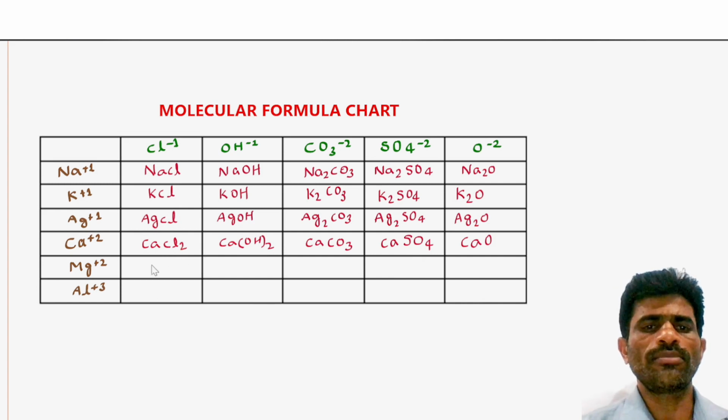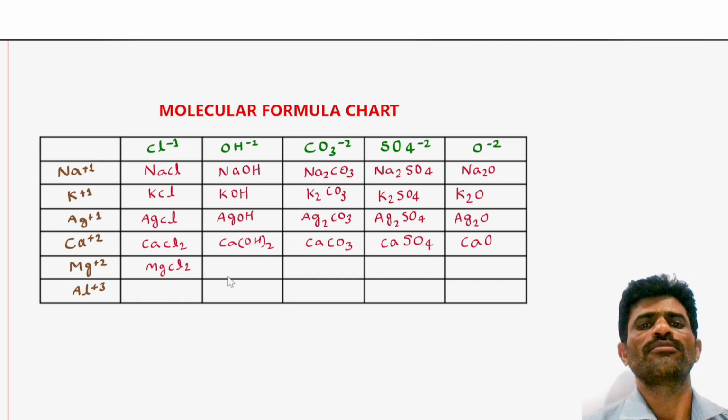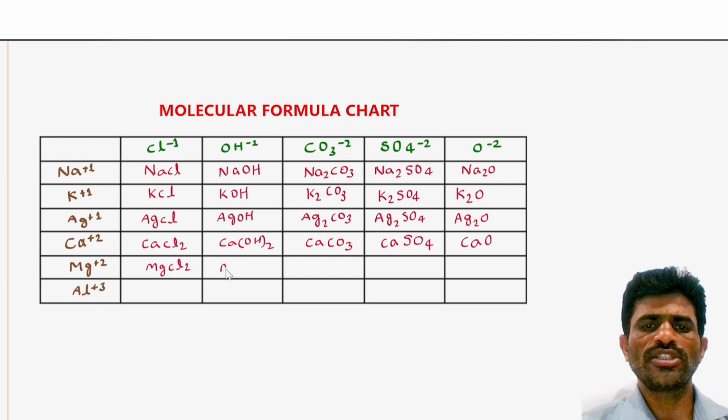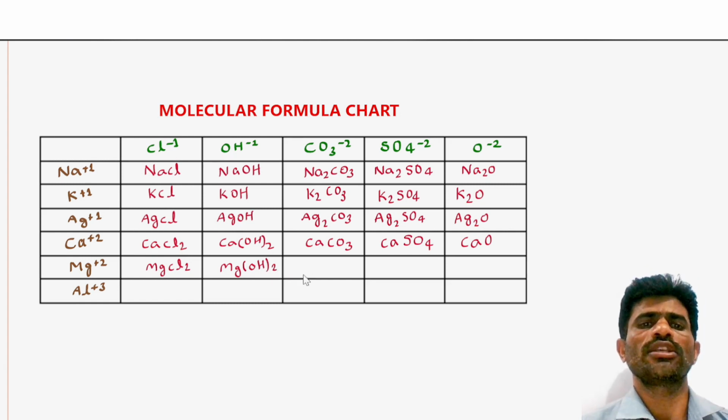Similarly now with magnesium, magnesium chloride will be MgCl2, because chlorine valency is 1, magnesium valency is 2. Next, magnesium hydroxide, Mg(OH) taken twice, similar to calcium hydroxide, because hydroxide valency is 1, magnesium valency is 2. Next one is MgCO3, because both the valencies are same.